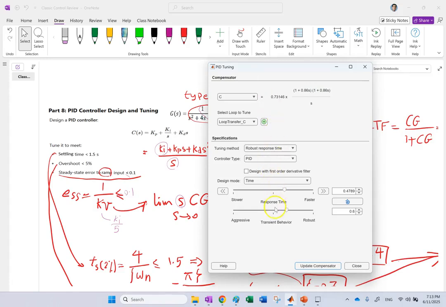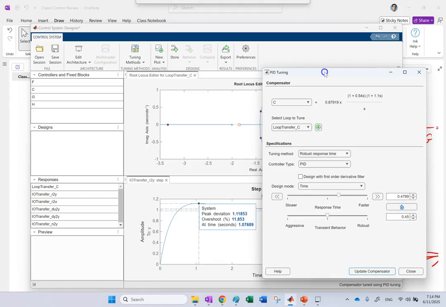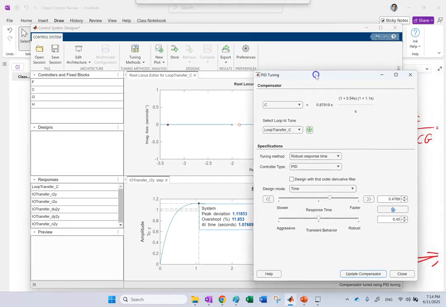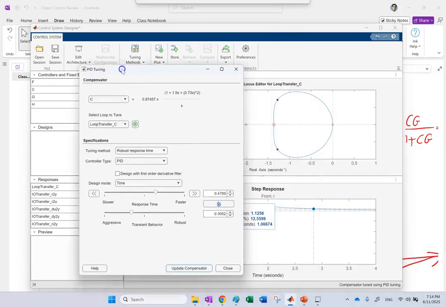So let's see if I can change this a little bit. Okay, so now my overshoot increased a little bit, and that is not what I want. So let's see now. 12%.